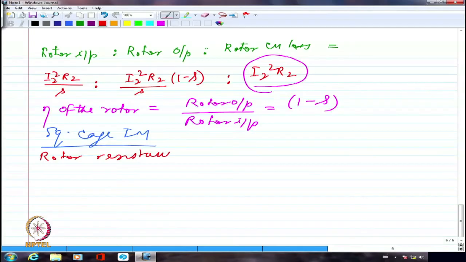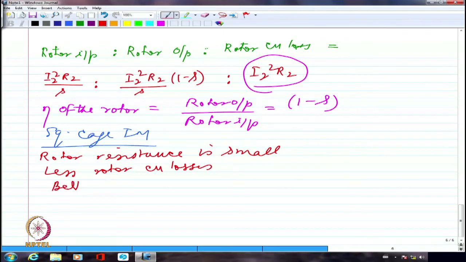Unless I specifically make the rotor bars with some high resistance material, which is very, very unlikely. Why would I like to have lower efficiency? So I better not make it with high resistive conductor. So I will make it with aluminum or copper, because of which the resistance of the rotor bars is going to be small. So I will have less rotor copper losses, so better efficiency.